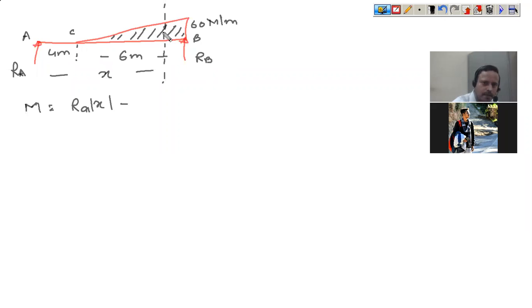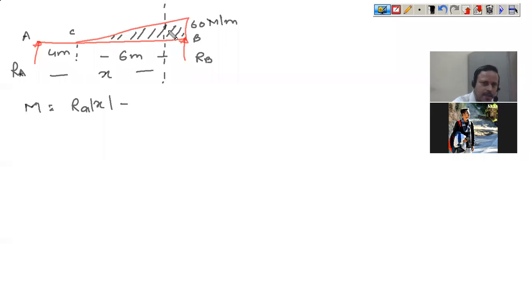now you are having a certain portion of the uniformly varying load. So when you are having a certain portion of the uniformly varying load, you have to take moment for that portion only. So you need to first calculate the area under the triangle.